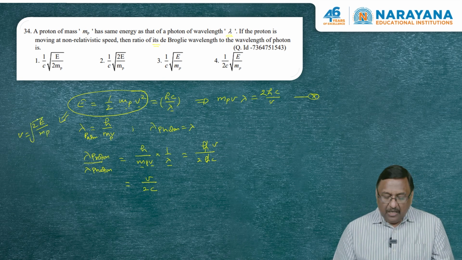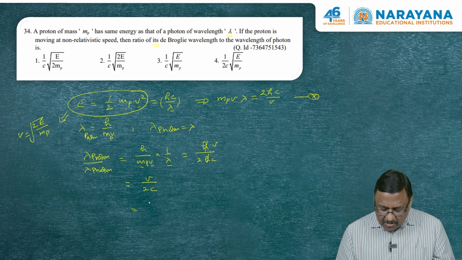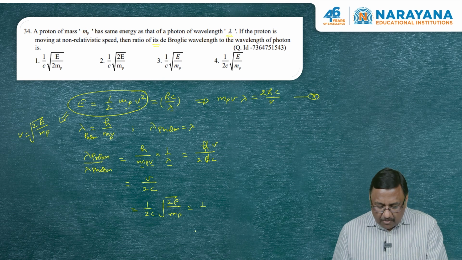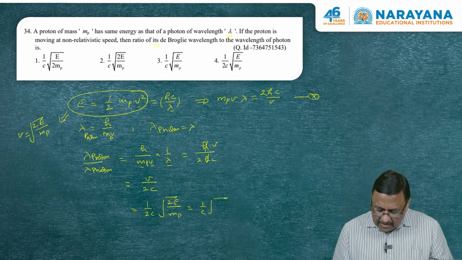Substituting back, v is 1 upon 2c times the square root of 2E divided by mass of proton. Taking 2 inside, because 1 upon c is taken out common, it becomes E divided by 2 times mass of the proton.